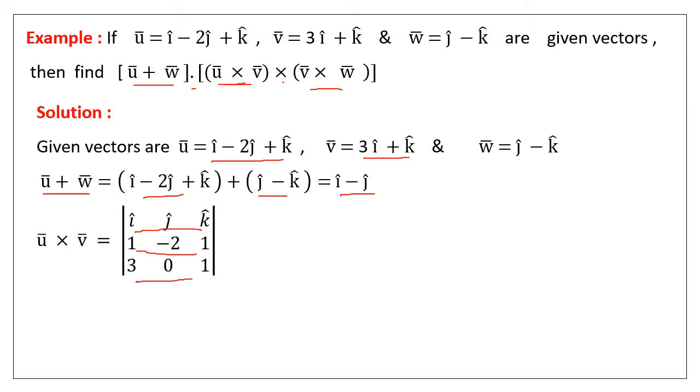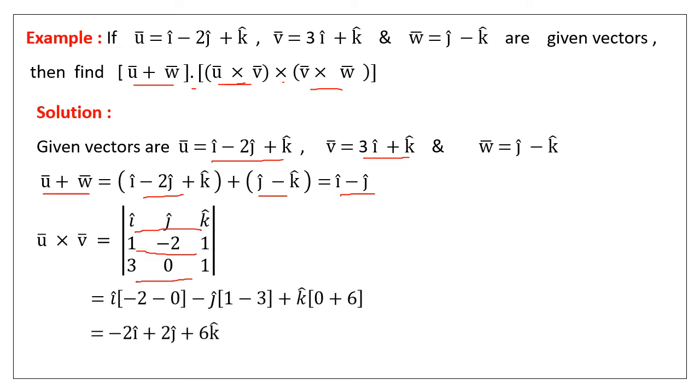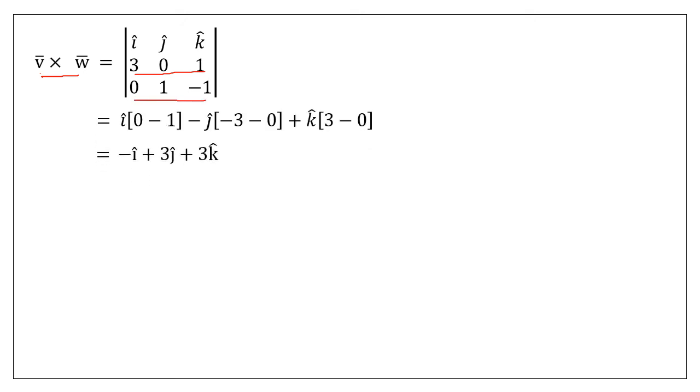After solving this determinant, we will get u bar cross v bar as minus 2 i cap plus 2 j cap plus 6 k cap. We will find out v bar cross w bar. Using vectors v bar and w bar, write down the determinant i cap, j cap, k cap, 3 0 1, 0 1 minus 1. After solving it, we will get v bar cross w bar as minus i cap plus 3 j cap plus 3 k cap.